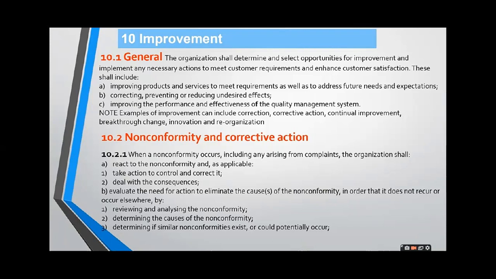So, in part C, you will go for the improvement of the performance and effectiveness of your QMS. It's very simple, so that's why I'm not stretching the explanation. I'm keeping it simple. For example, this could include corrective actions, continuous improvement initiatives, breakthrough changes, innovative approaches, and even organizational restructure.